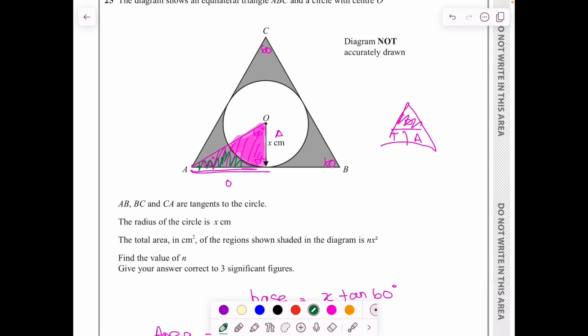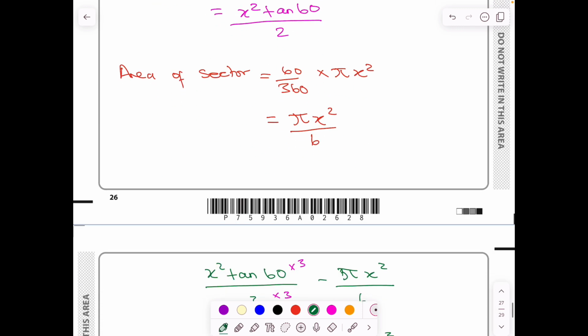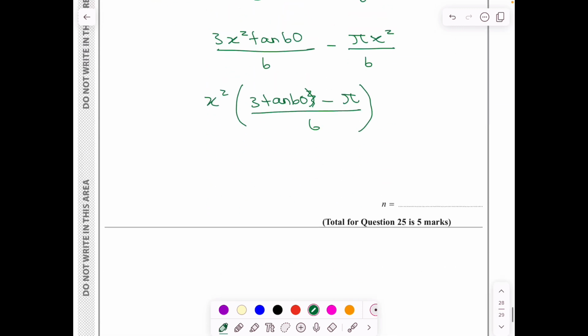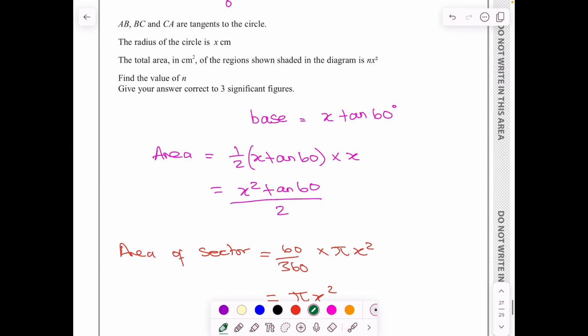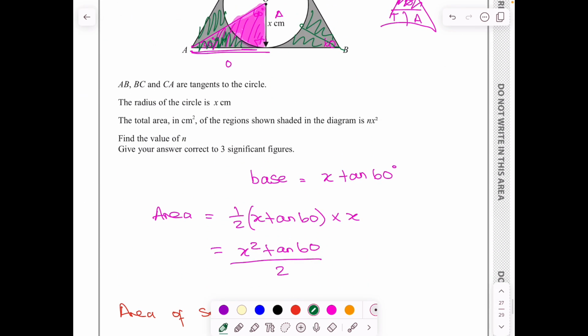Now I've got 6 of these. I've got 1, 2, 3, 4, 5, 6 of these. So I'm going to take that area and multiply it by 6. That's going to get rid of this bit here. And so here we've got the x squared.